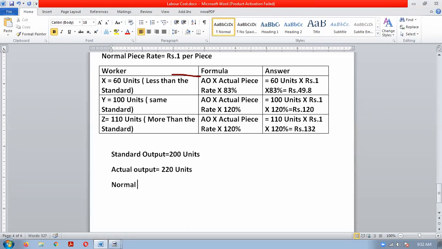Normal piece rate is equal to rupees 2.40 per piece. Clear? So this is the data given.